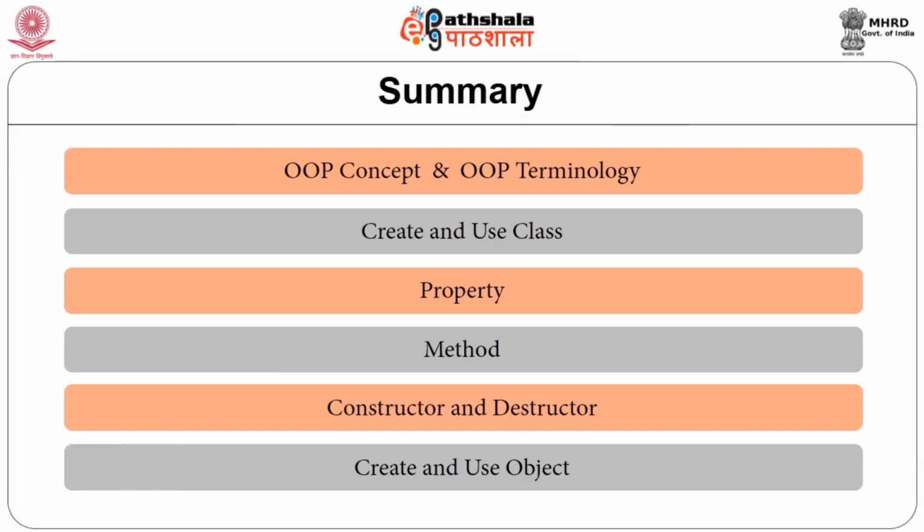So let me summarize this session. First we considered two approaches of writing programs: object oriented programming and procedure oriented programming. Procedure oriented programming is focused on procedures, while object oriented is focused on objects. Object oriented programming is easier to maintain, reuse and extend. It provides rapid application development, though this is just a matter of choice, you can use either of them.